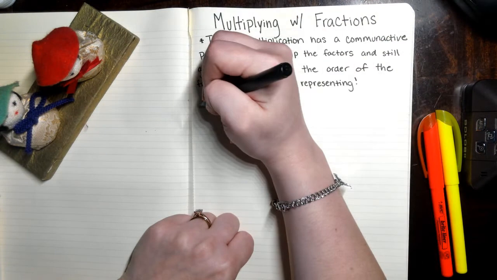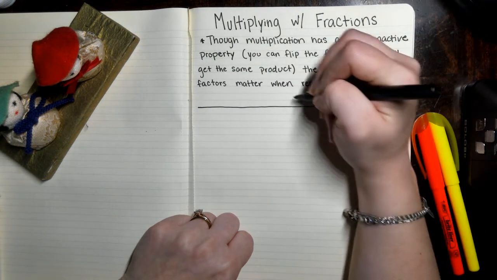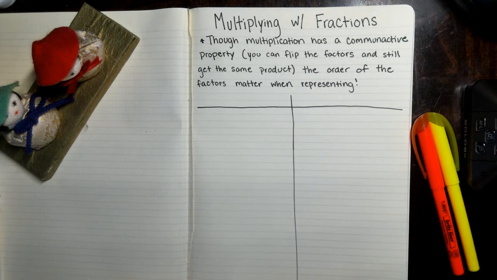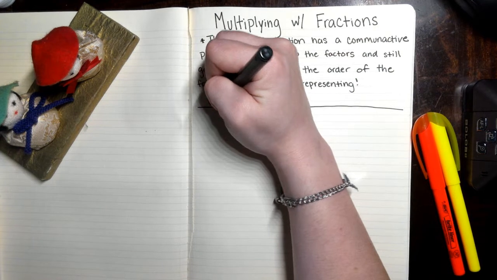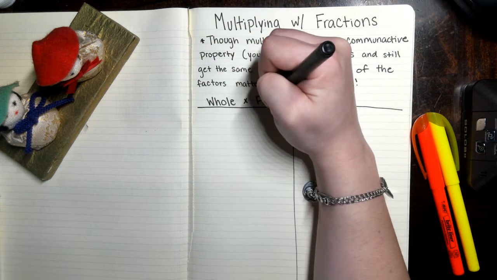So we're going to split our page in a T-chart. Just go ahead and split your page in a T-chart. On one side, we're going to do whole times fraction.